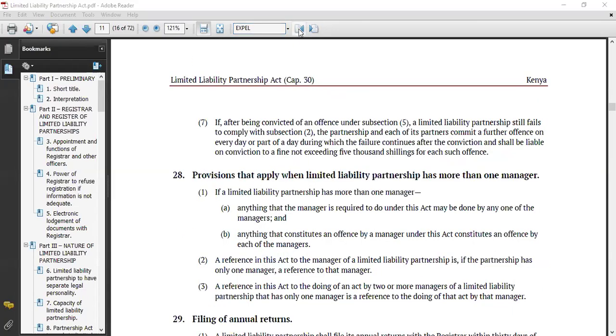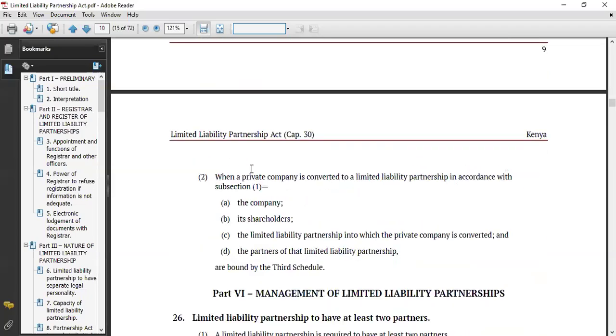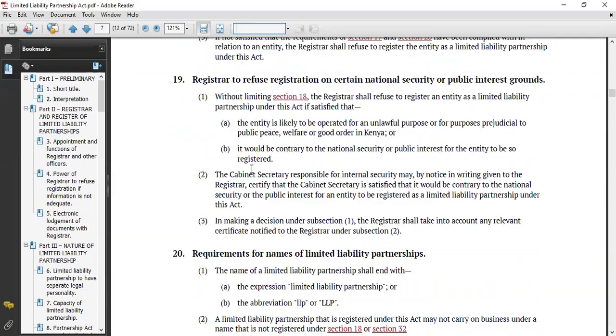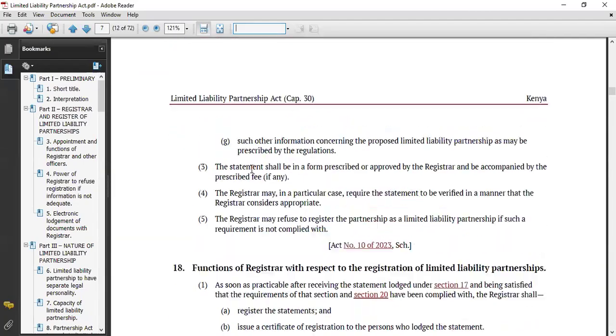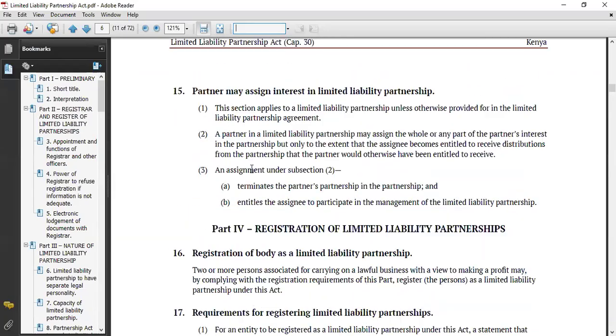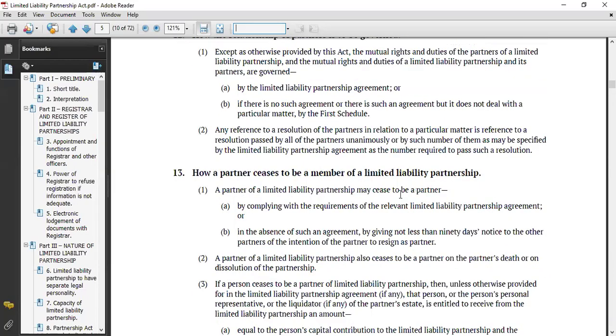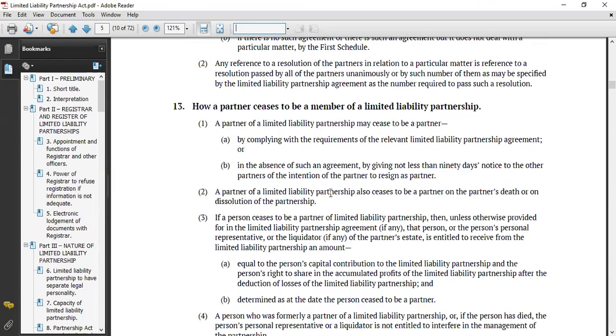Then you can combine with the circumstances of how a person can cease to be a partner, where we read section 13. Yes, you combine this with the circumstances so that you get your 6 marks.